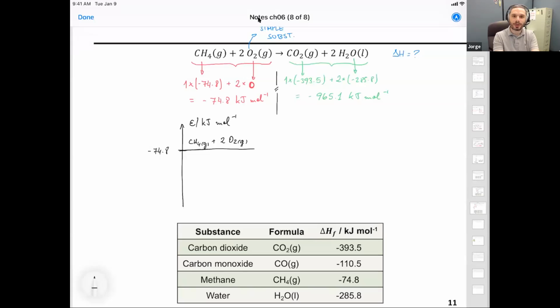And see that the reaction now goes all the way down to minus 965.1. The products are going to be carbon dioxide and water. And we also know the energy level.